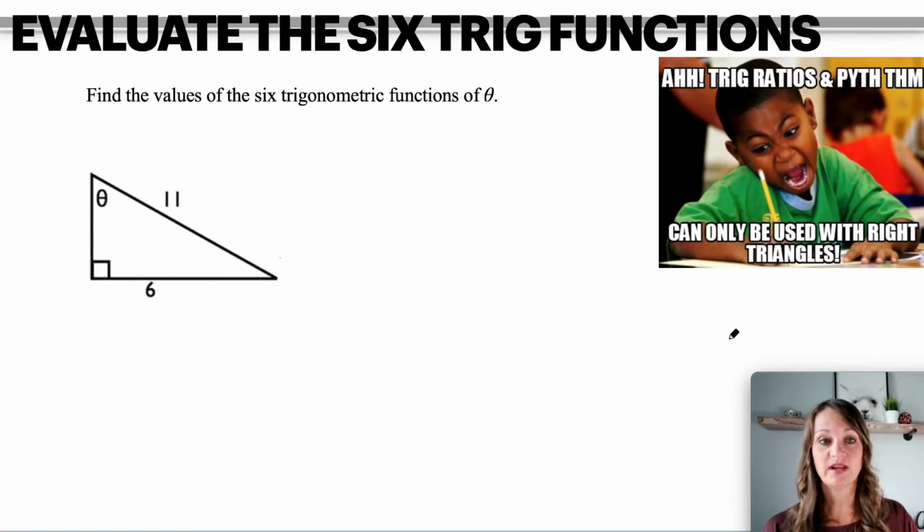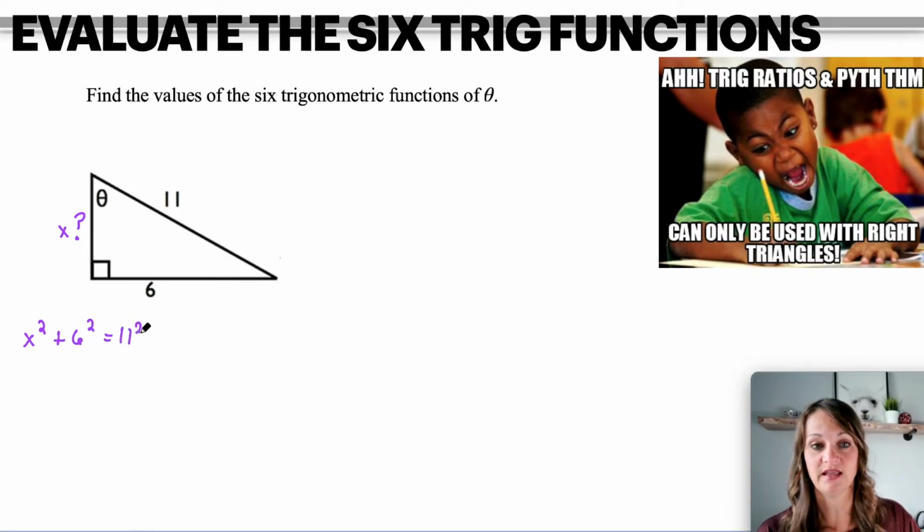So at this point, in order to solve the problem, we have an angle, but we do not have all 3 sides. We actually need to find this side in order to find all of the ratios. So what we will have to do is use the Pythagorean theorem. If I say that this is x, I know that x squared plus 6 squared is going to equal 11 squared.